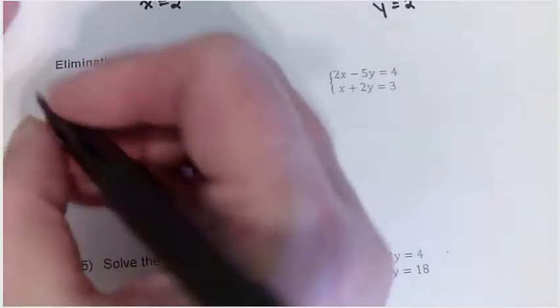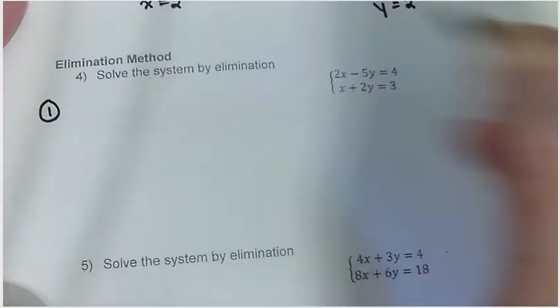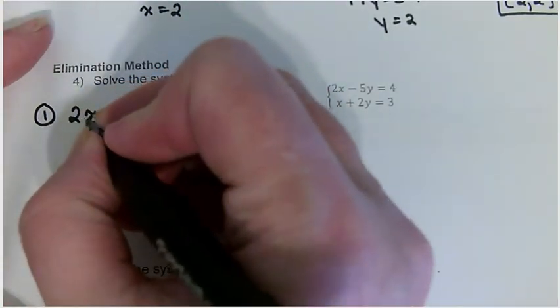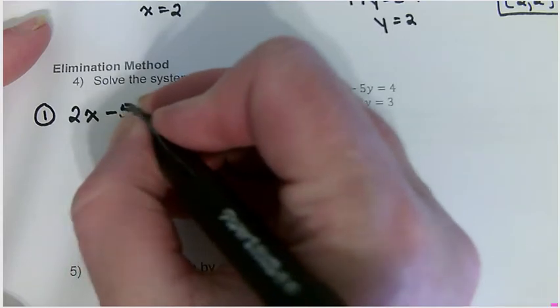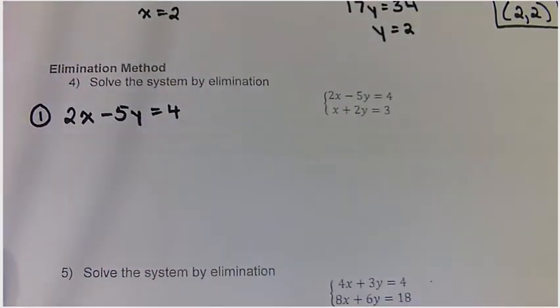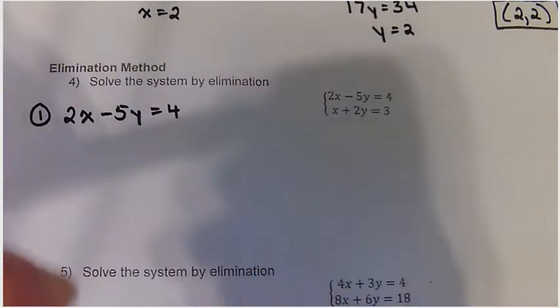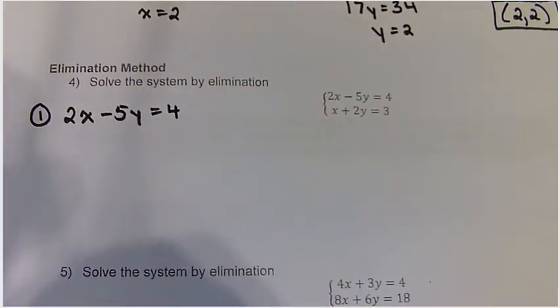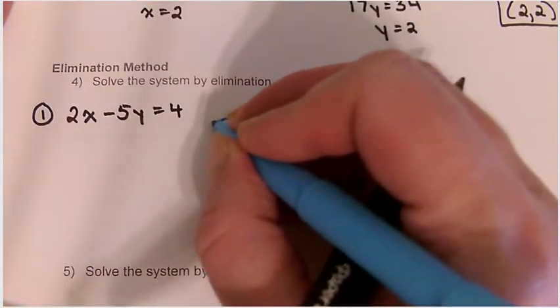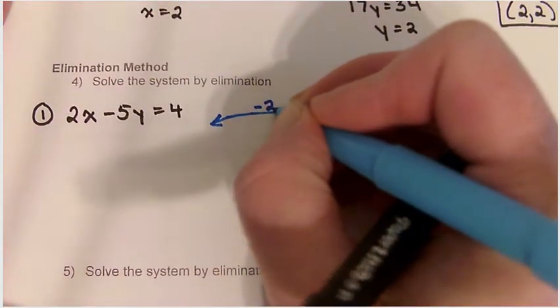So step one is we're going to rewrite it to get rid of one of the variables. So I'm going to leave the first one like it is, but this second equation, I'm going to multiply the whole thing, both sides, by a negative 2.